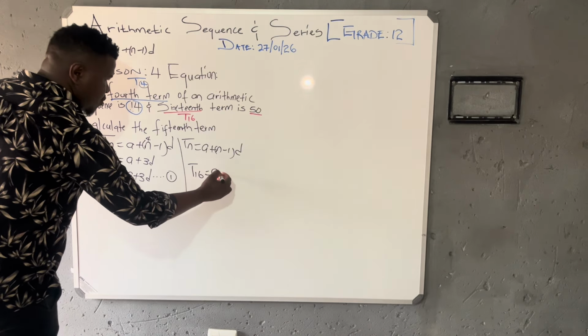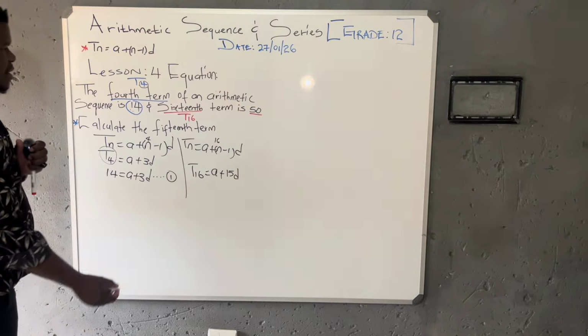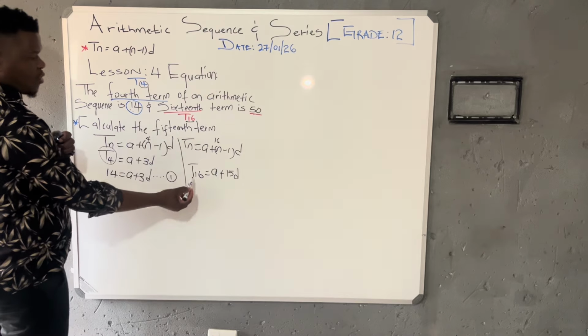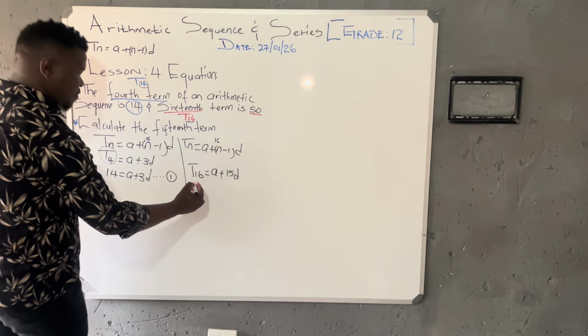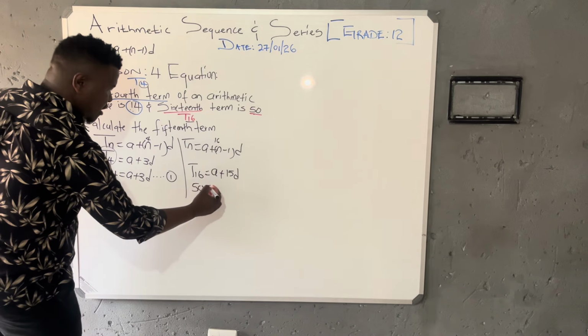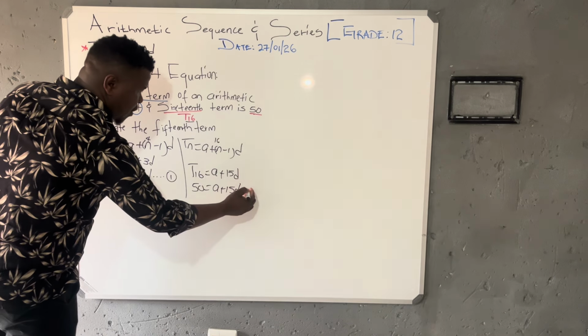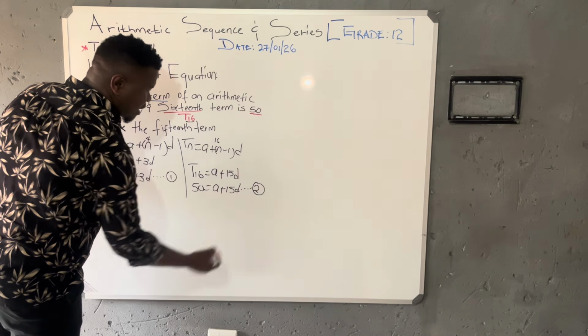Here we know it's going to be 16, but what is 16 minus 1? That's 15 multiplied by d, because d is unknown, so I'm having that. Now, because it was said that T16 is actually 50, where we see T16, we put 50. So I'll have 50 is equivalent to A plus 15D. Now, that is our second equation.